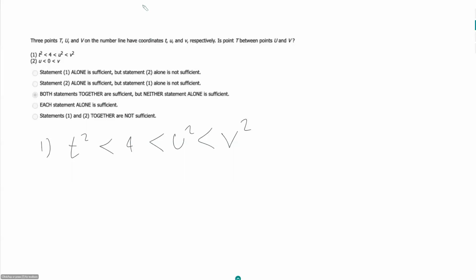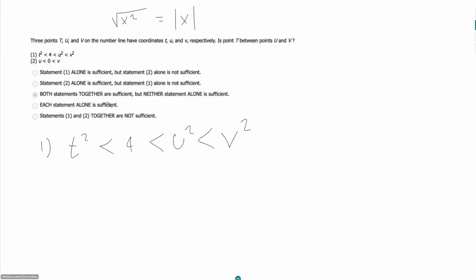And so that is also the reason why when you take the square root of x squared, for example, it is not equal to x, it is equal to the absolute value of x. So in this case, by saying t squared is less than u squared, which is less than v squared, we are saying the magnitude of t is less than the magnitude of u, which is less than the magnitude of v, which is all the same as saying t is closer to 0 than u is, and u is closer to 0 than v is.